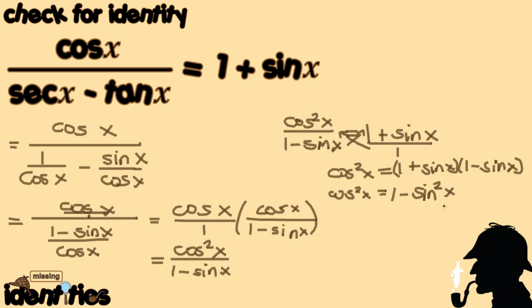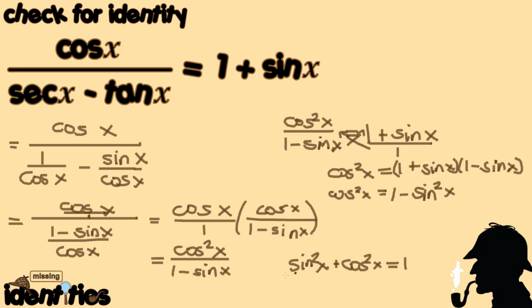Is this an identity? Now, if you're not yet convinced, go back to the Pythagorean identity. We have 3 Pythagorean identities, but this is the most common one. We have the sum of sine squared x and cosine squared x is equal to 1. This is actually derived from the unit circle. Okay?